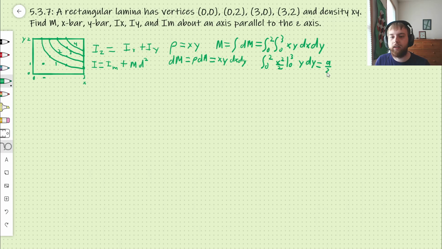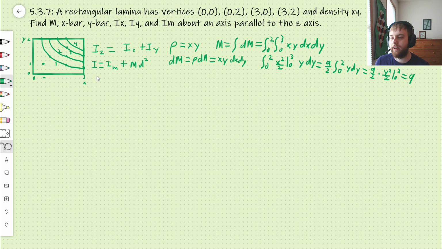Since that's a constant, we can take it out of the integral. 9 halves, 0 to 2 of y dy. And that is equal to 9 halves times y squared over 2 from 0 to 2, which is equal to 2, which is equal to 9 overall. So our total mass of this whole thing is equal to 9.